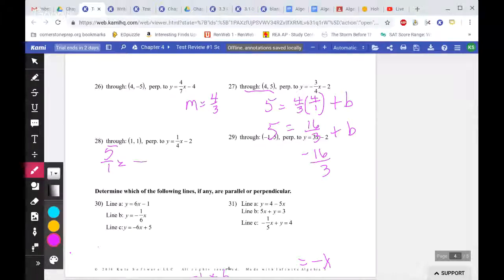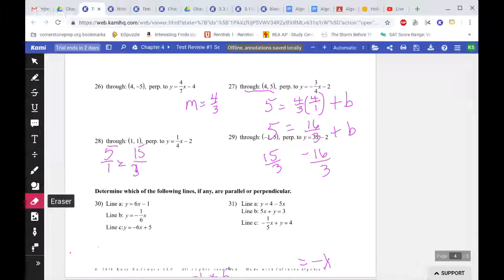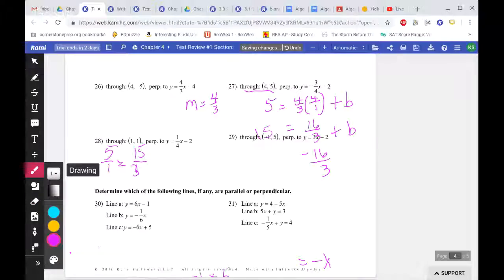And then 5, this is my side work. 1 goes into 3 times. 3 times 5 is 15. I'm going to change that 5 to 15 over 3 and subtract 16 over 3 from it.